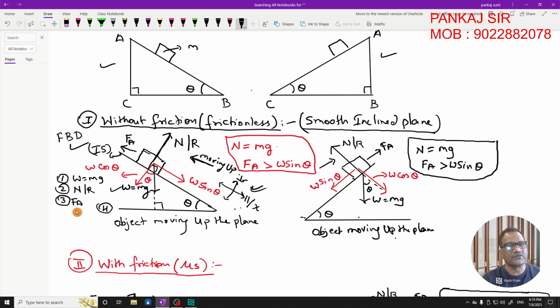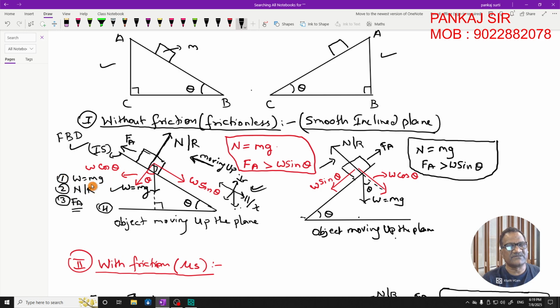But the third force, that is Fa, no, I'm sorry, this W equal to mg is an inclined force. Can you see it is inclined, it is going this way? In this coordinate axis it is inclined, but this normal force is actually vertical and the Fa force is horizontal.